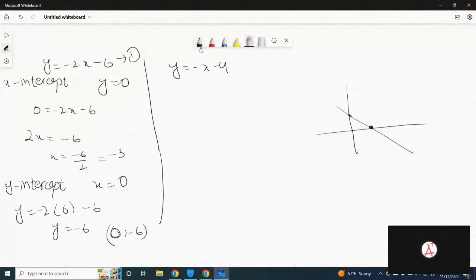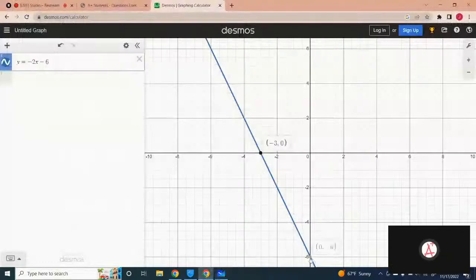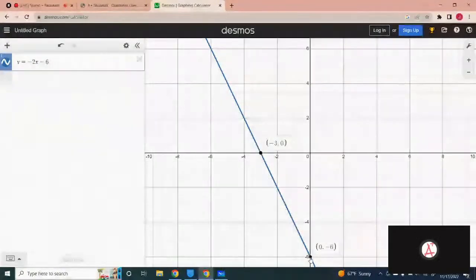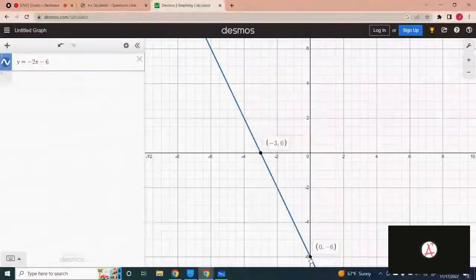The x-intercept is (-3, 0), and the second point is (0, -6). So these are the x-intercept and the y-intercept where the graph touches the x-axis and y-axis. Is there any problem up till now? You can ask a question if you have any.